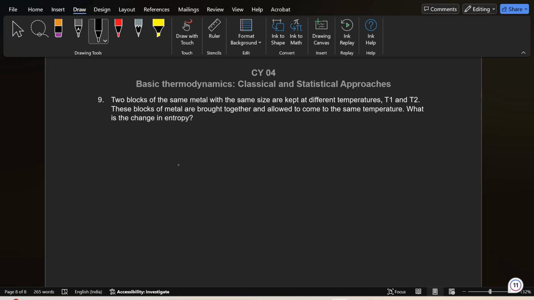We have two blocks of metal, same mass, same material, so Cv is the same, but different temperature. In the first block the temperature is T1, mass is m and Cv. In the second block it is T2, mass is the same and Cv is the same. So they are brought together.